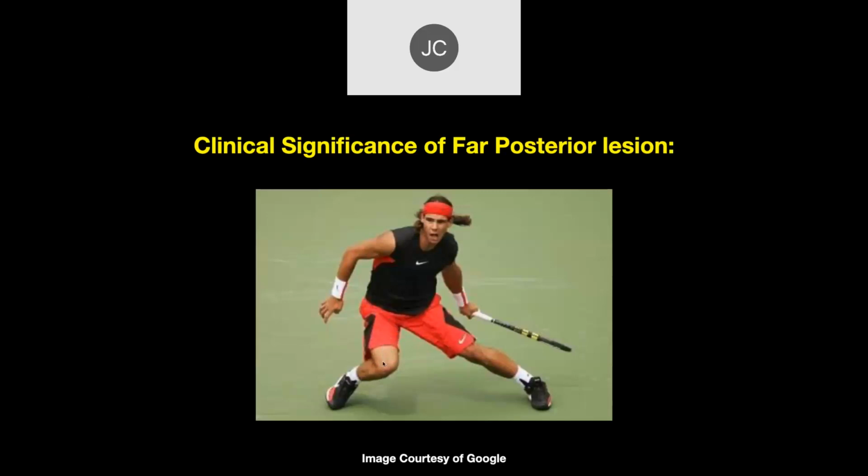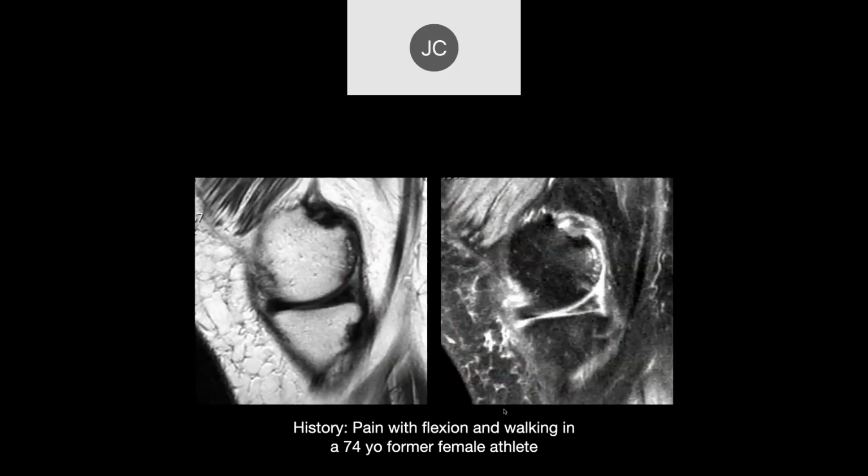And when you do that, the knee is in the flexed position. So this is an area where you can actually get tremendous pressures across the articular cartilage, and therefore it's an area where you can get pathology.